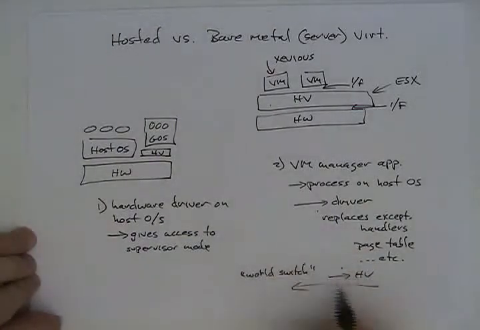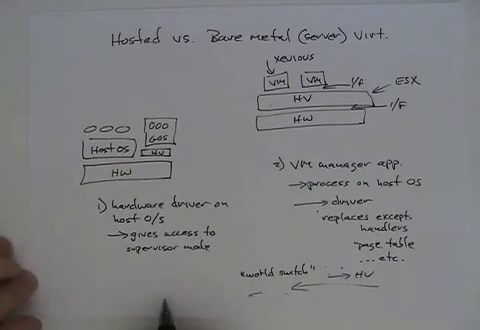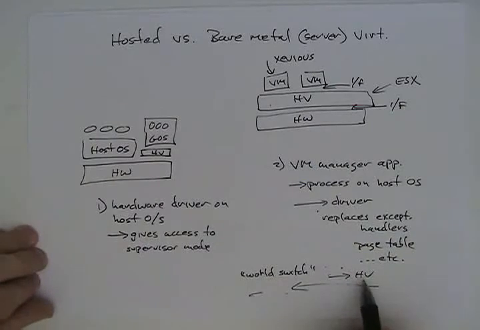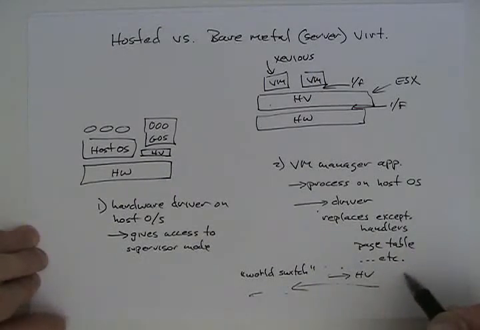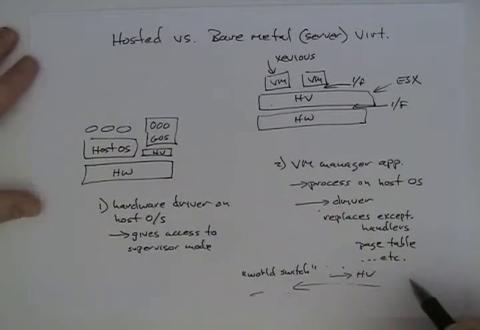We pretend that nothing happened and that we were just a regular application, and we have the driver send that exception back to the host OS. So we do a bunch of shuffling back and forth between running in hypervisor mode, having a hypervisor running while the actual virtual machine is executing.